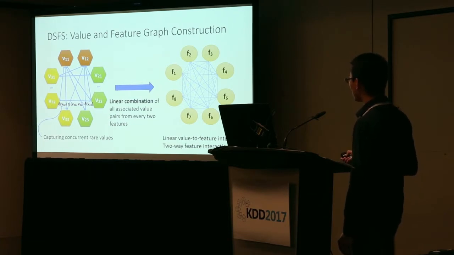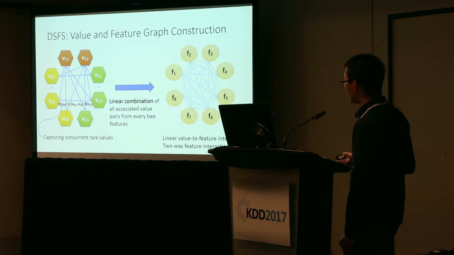For example, for F1 and F4, we sum all the value pairs associated with these two features together as the edge weight in this feature graph.